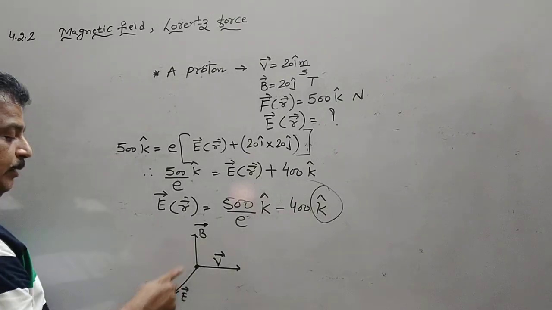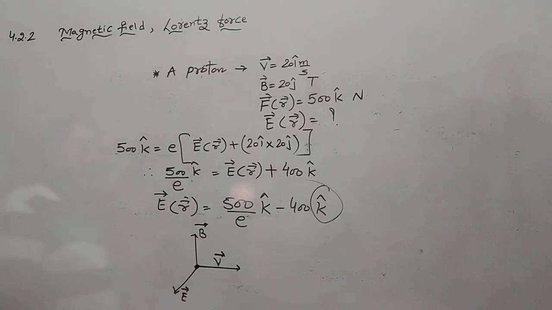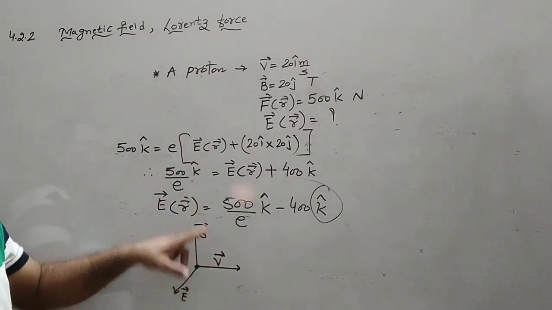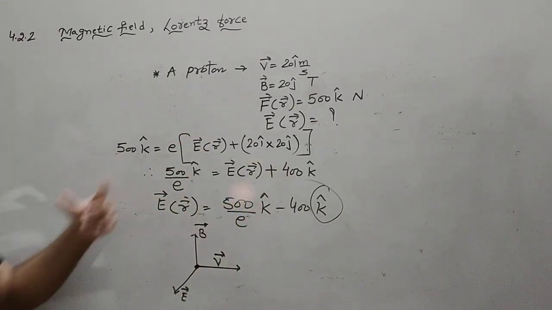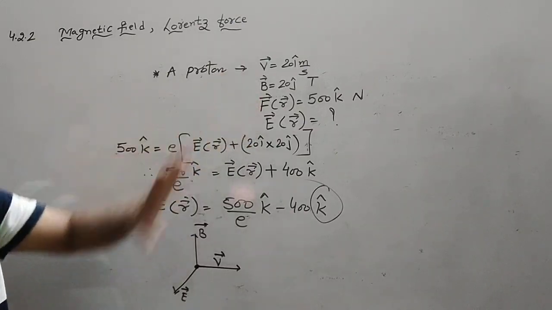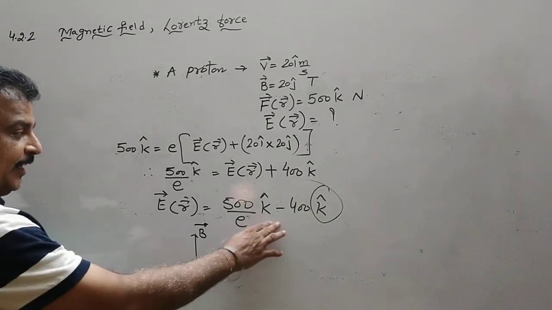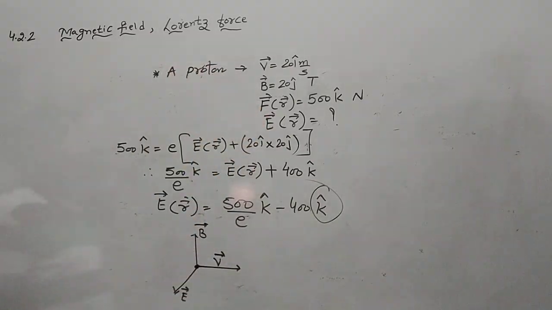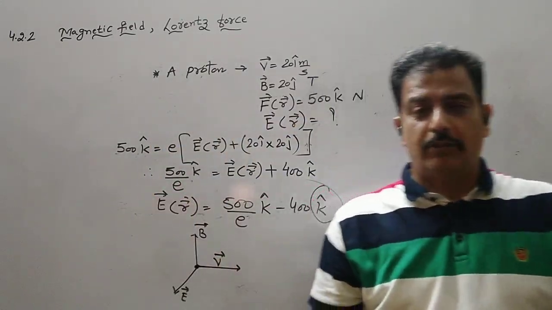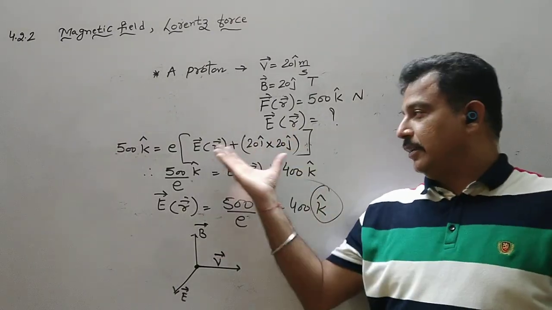So if E and B are perpendicular to each other, v is perpendicular to it, as we have found, and the cross product of v and B is k, then the resultant force is also perpendicular to this. So the electric field is along the z-axis and the resultant force is also along the z-axis. Simply substitute all the values given to you and use the cross product for the magnetic force. It is simple.